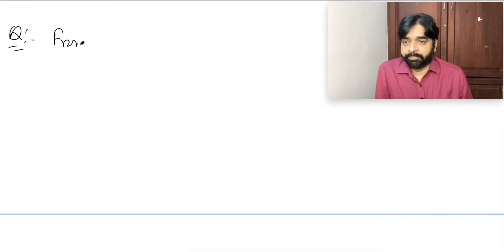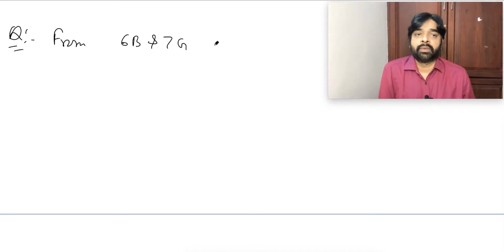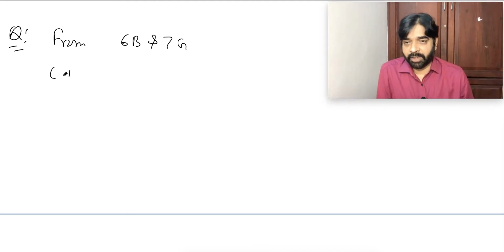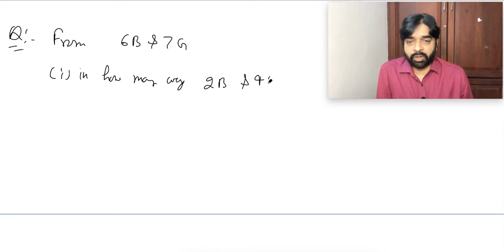From 6 boys and 7 girls, first bit: in how many ways can 2 boys and 4 girls be selected?